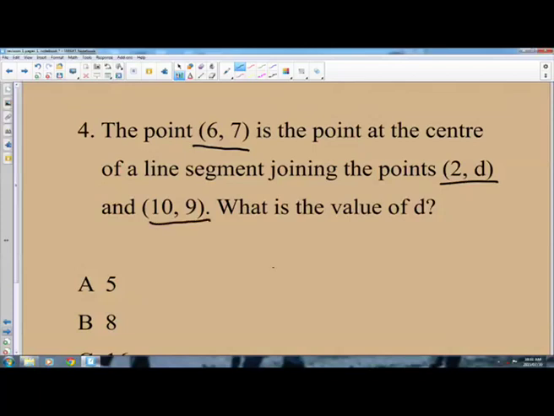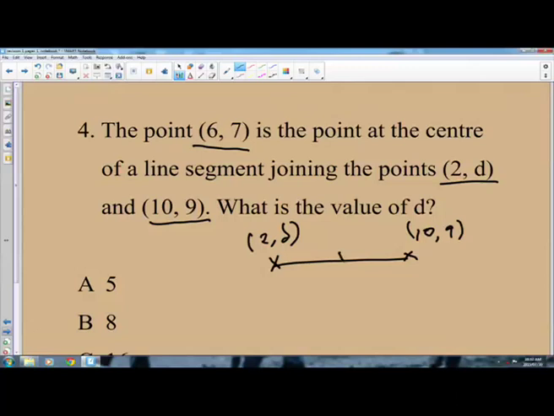So we have a line here, and in this line we are told that one of the points joining the line is 2, d. So this will be the coordinate point 2, d, and then this other part here is 10, 9. And then it says the point 6, 7 is the point at the center.